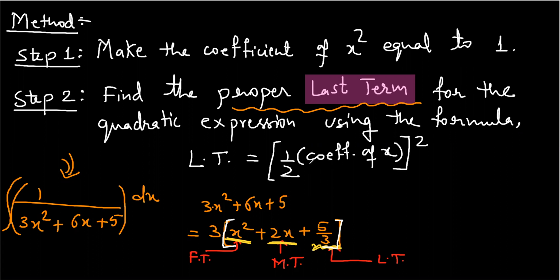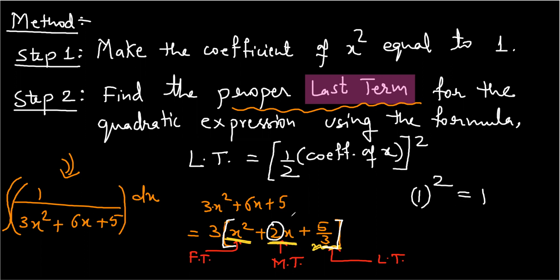The last term formula is 1 upon 2 times the coefficient of x, squared. Now check, what is the coefficient of x? 2. So what is 1 upon 2 times this? 1 upon 2 means half. Half of 2 is 1. And then you square. What do you get? 1. See, you got the last term.